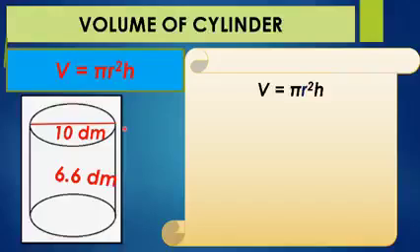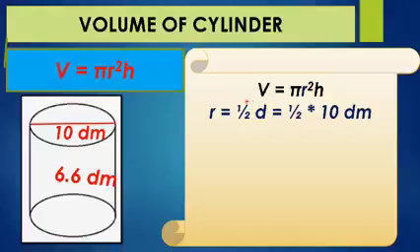Dalawang radii is equivalent to 1 diameter. So para makuha yung r again, that is simply find the product of 1/2 and diameter or half of diameter. Okay? So D natin is 10 decimeters and half of 10 is 5. Therefore, the value of r is equal to 5 dm.